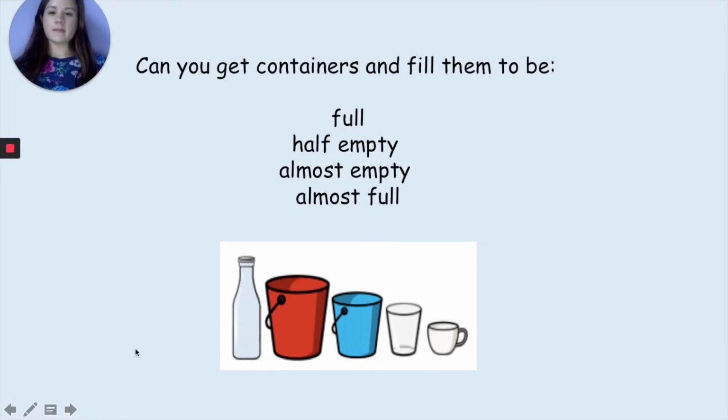Now remember, fill them to be full, half empty, or remember that also means half full, almost empty, that means nearly empty, and almost full, that means nearly full. Pause the video to complete this. Remember, you can take pictures and send them to the Year 1 email address so that we can see what you have been filling.